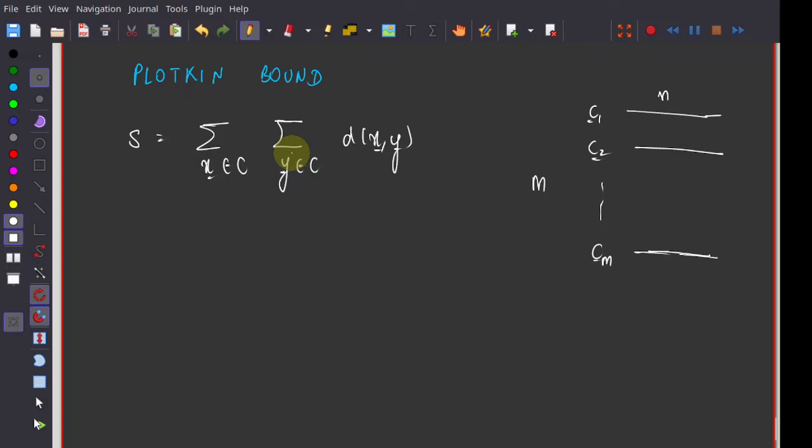This is some quantity. So first, let us see, what do I know about this particular code? I know that the minimum distance is at least d. So for every pair x, y, where x is not equal to y, I know that d(x, y) is at least d.